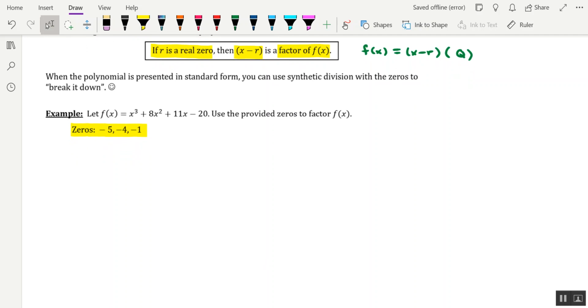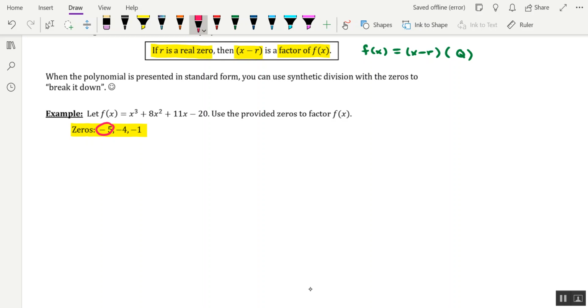We can start out with whatever choice of zero we want. Because it states here that these are the zeros, we know that we're going to be able to factor regardless of which zero we choose. So I'm just going to go in order from left to right, and I'll start out by using -5.